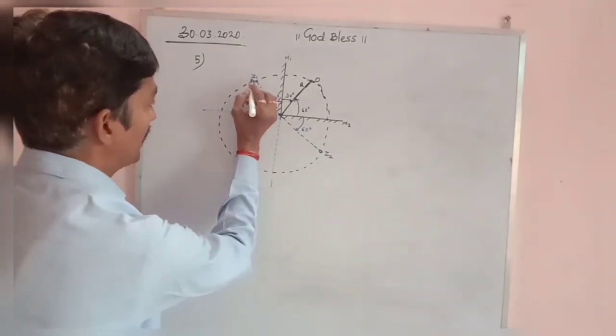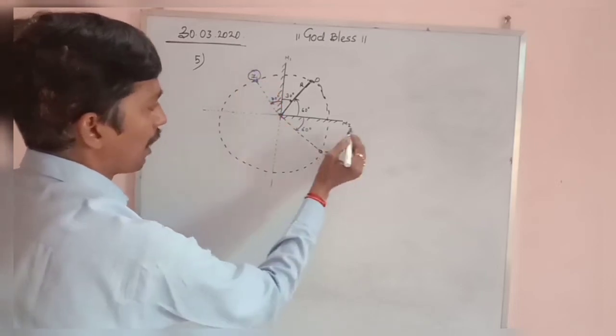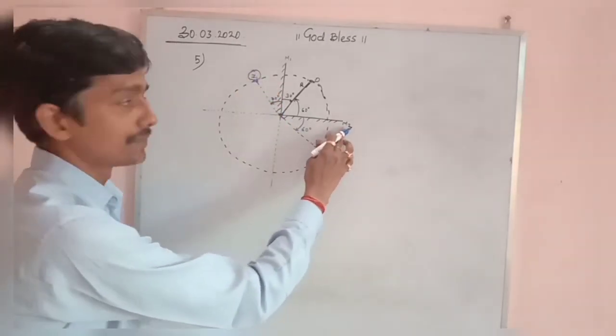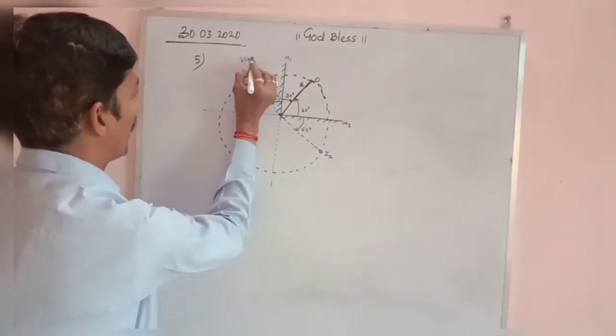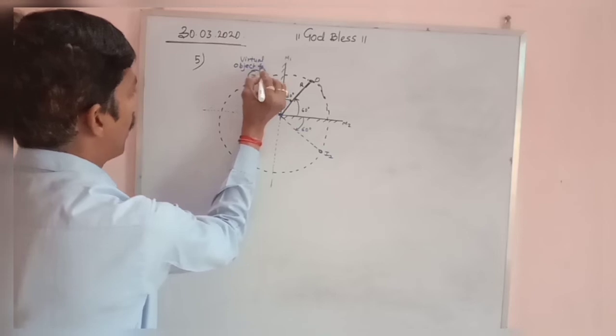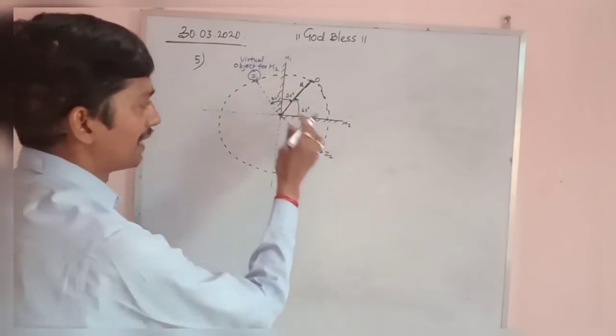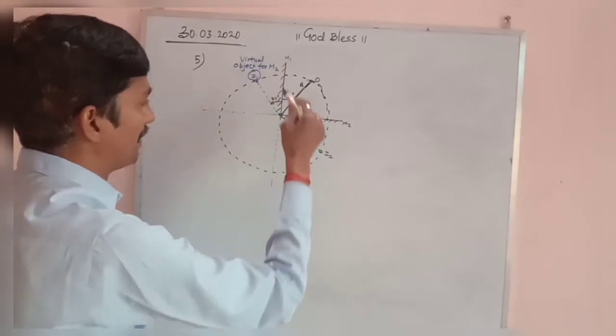This I1 is now the virtual object for M2. So here I am writing virtual object for M2. And how much is the angle of this object I1 from M2?